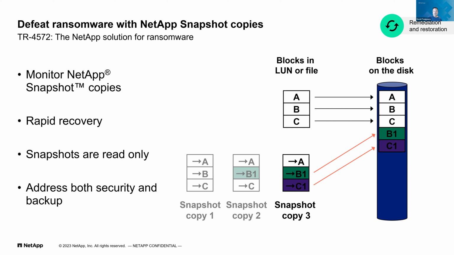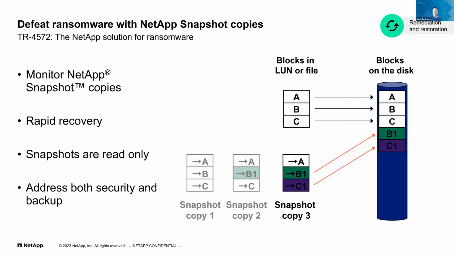NetApp IT uses an Ansible playbook that runs periodically throughout our environment to ensure that our standard snapshot policy is configured for all volumes. Our local snapshots are our first line of defense in terms of data protection. Then we use SnapLock Enterprise to protect our SOX data archives from accidental deletion, and we use SnapLock Compliance to protect our most critical data sets from malicious actions.